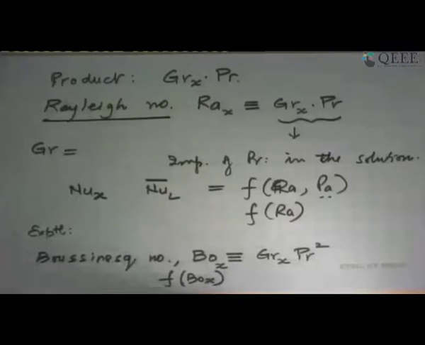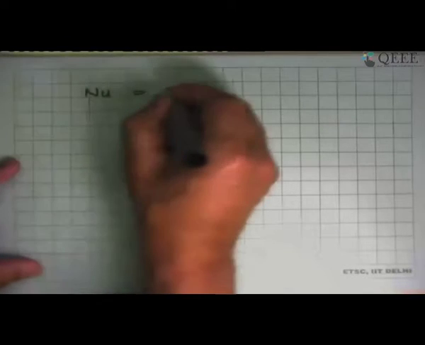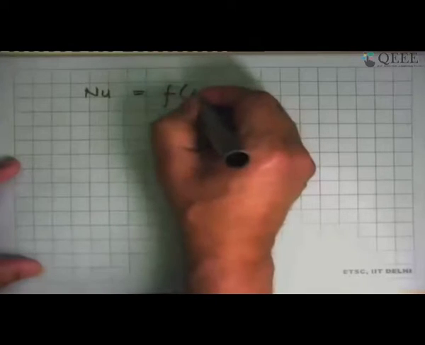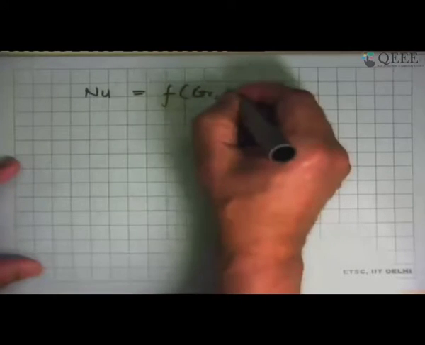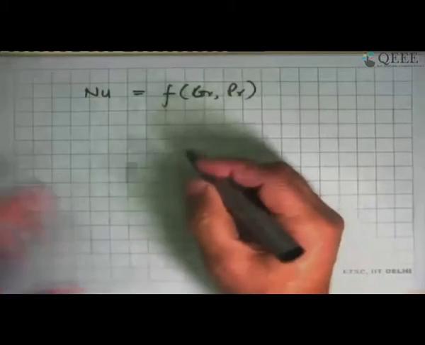So what do we have now? We got the non-dimensional equations. If you were to solve them and take the data and make non-dimensional correlations, we can express the solution of these equations in natural convection as Nusselt number being a function of Grashof number and Prandtl number, or some other combination of Prandtl number.